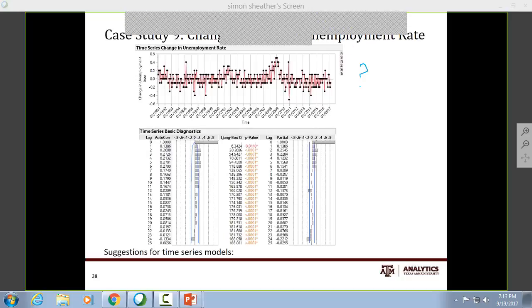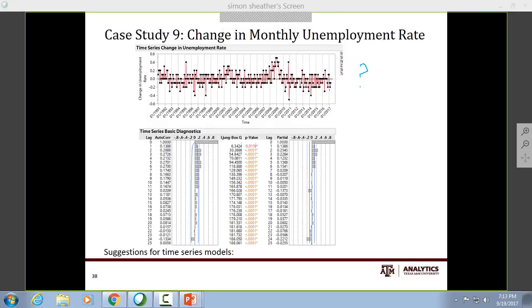Potential level shift, 2011. Is there a level shift in here? Yes. This looks like a kind of an outlier here. Maybe this one here.